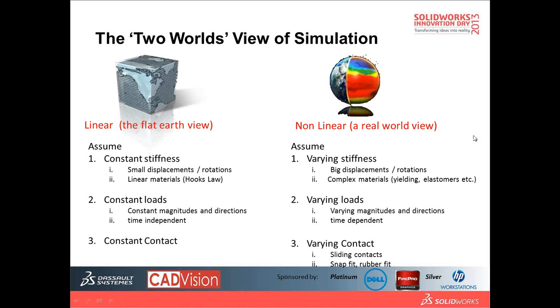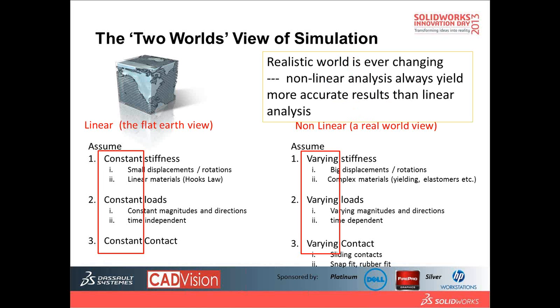So let's see what the fundamental difference is. On one side, we have all constant assumptions. On the other side, we have all varying assumptions. So this gives a very important implication. That is, nonlinear analysis always yields a more accurate result than linear analysis, most of the time, or every time we should say.